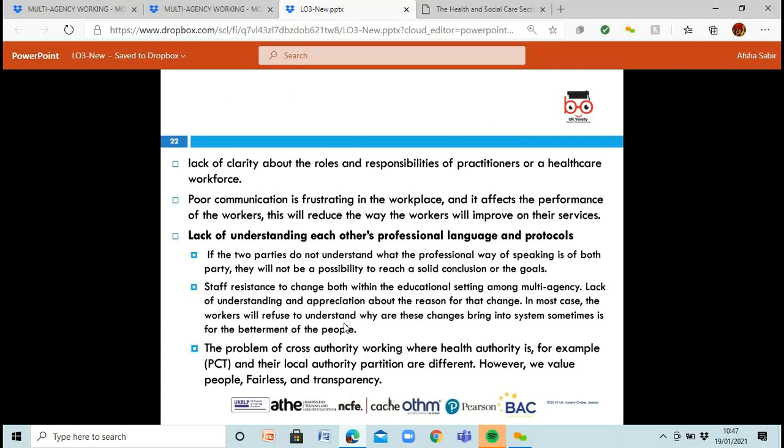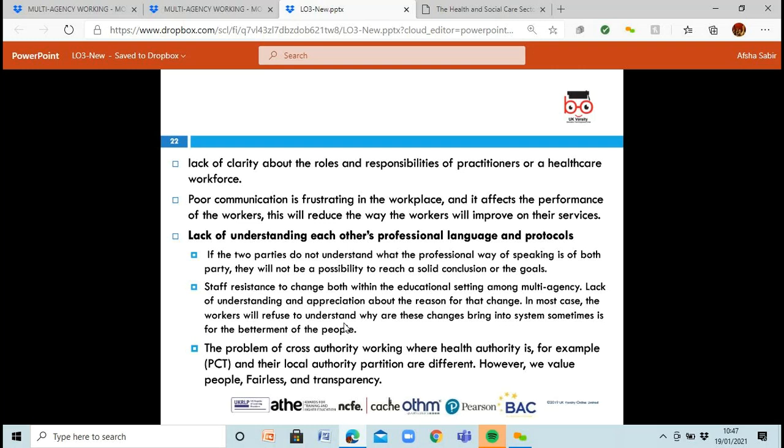Then just basic things like lack of clarity. You don't know what your role is. You don't know what this other person is meant to be doing. You don't know who's leading the particular situation. So you're both confused. Again, communication. If you're not communicating properly, you're getting frustrated.